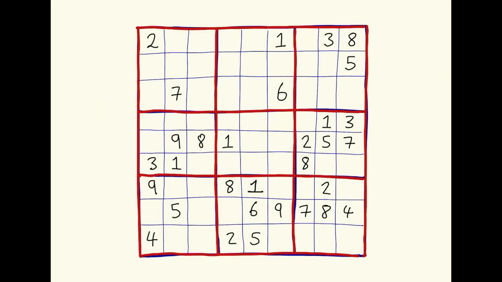So before we get going, I just want to make sure that everyone understands what a Sudoku puzzle is and what the basic rules of the game are. So here is an example of a Sudoku puzzle, and you can see it's a 9 by 9 grid, and there's some numbers in the grid and there's some blanks. And the rules of the game is that you need to fill in all the missing squares to complete the Sudoku grid.